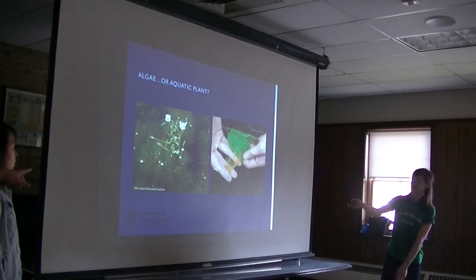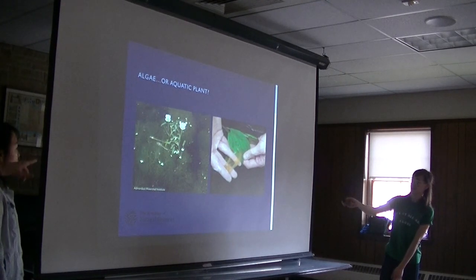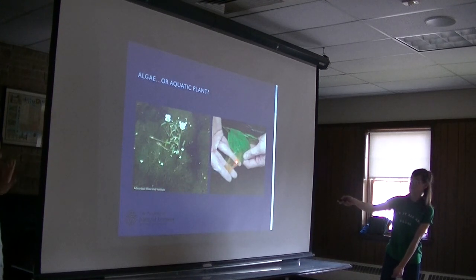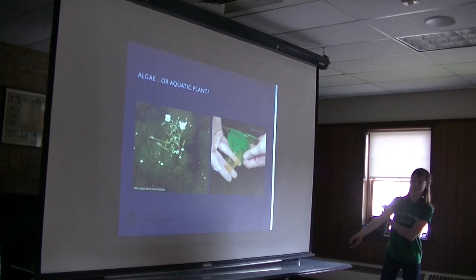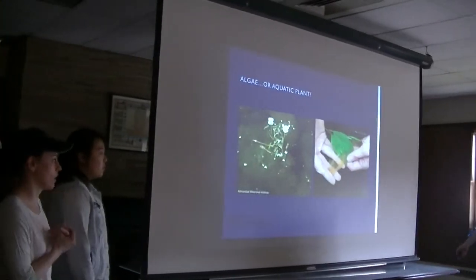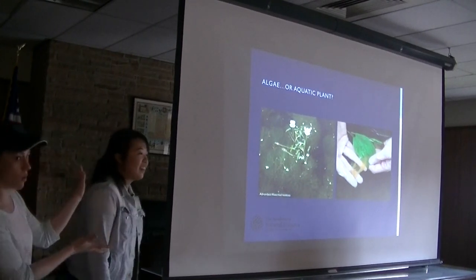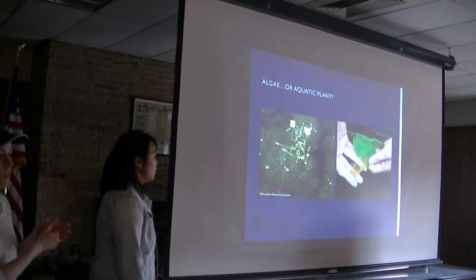Case in point, I freaked out because I saw that and I touched it and it felt like wet wool, and I thought, oh my god, dynamo. We brought it back to the lab and it was actually insect egg casings. So you never know. There's a lot of things that look like algae that are not.